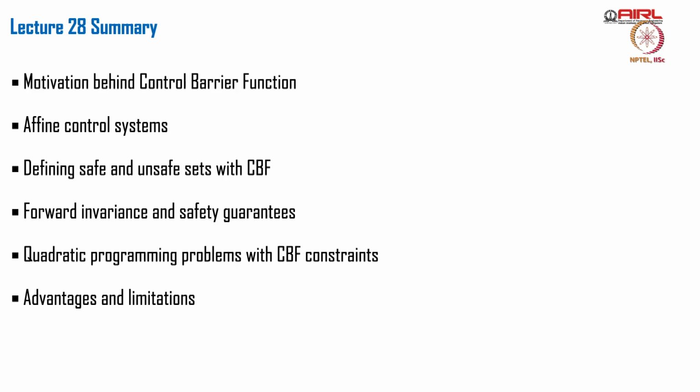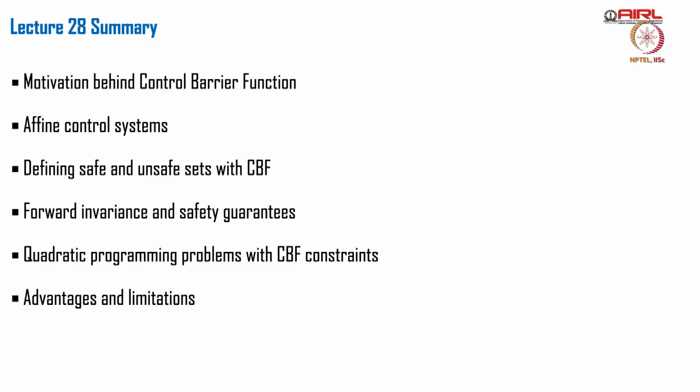Okay. So in this lecture, what do we see? We first talk about the motivation behind control barrier function. We see that a control barrier function is a function that creates a barrier between safe and unsafe region, and then finally generates a control input so that safety can be ensured. We talk about affine control systems, x dot equal to f(x) plus g(x) u, and in the later half of the lecture we see why affine control system is important.